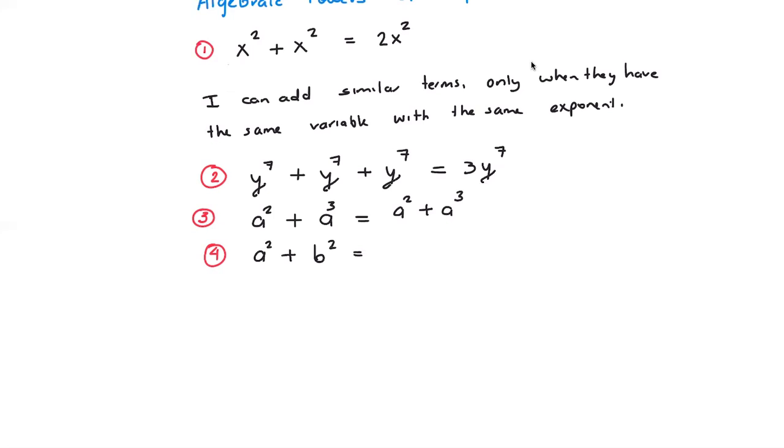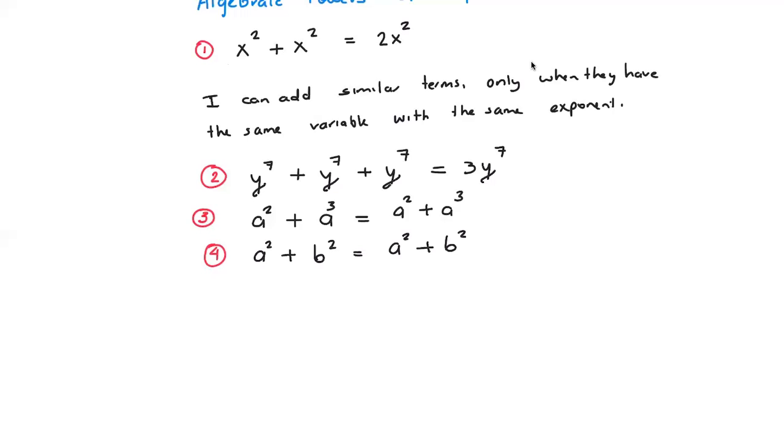But if you do that, you will be saying that the addition became a multiplication, because if you put the a to the second next to the b to the second without a sign in between, you are making something that was an addition become a multiplication, and you don't have indications for that. So no, here you leave it like that. Exactly, you leave it like that because you can only add those that have the same variable with the same exponent.